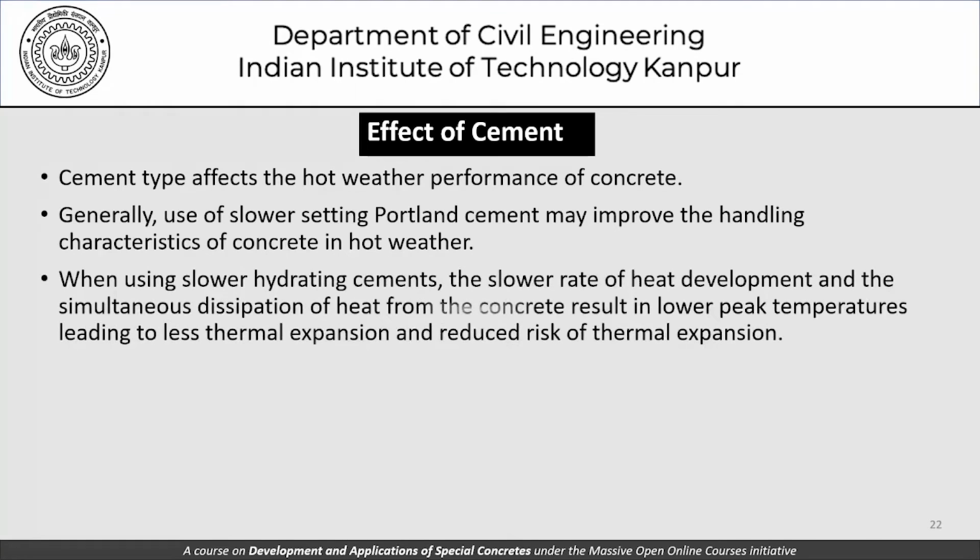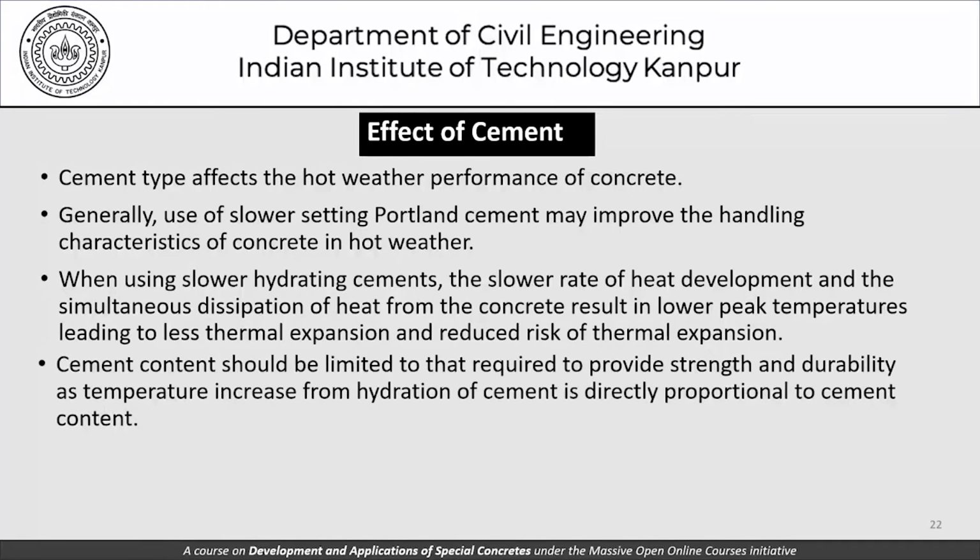When using slower hydrating cements, the slower rate of hydration and heat development and the simultaneous dissipation of heat from concrete result in lower peak temperatures, leading to less thermal expansion and reduced risk of thermal cracking. Cement content should be limited to that required to provide strength and durability, as temperature increase from hydration of cement is directly proportional to cement content.